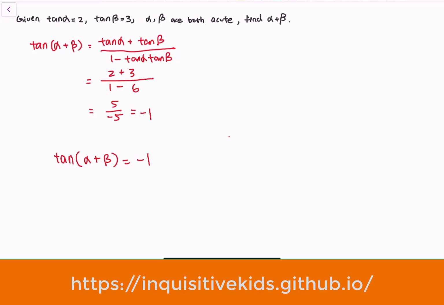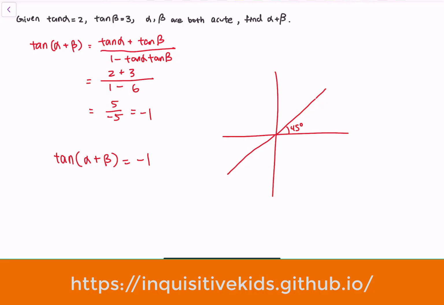Now, when does this happen? Let's think of it on our unit circle. We know that tangent is the ratio between sine and cosine. And you can only get 1 if the sine and cosine are equal. And we know this only happens when we have 45 degrees, and when we have the opposite of that.